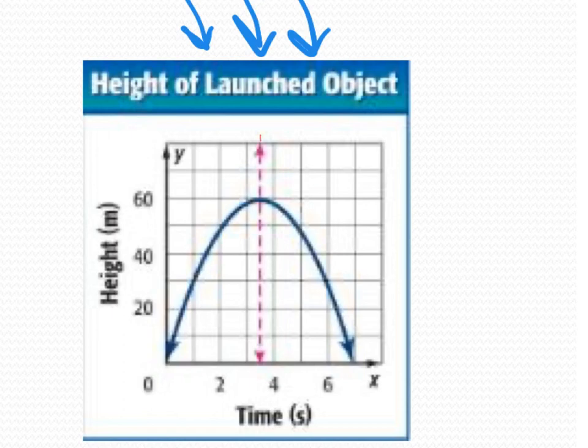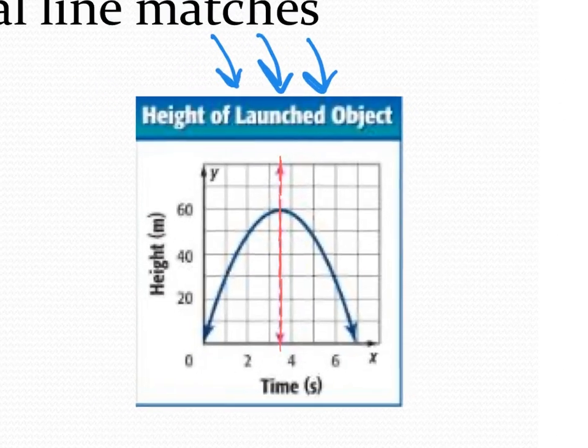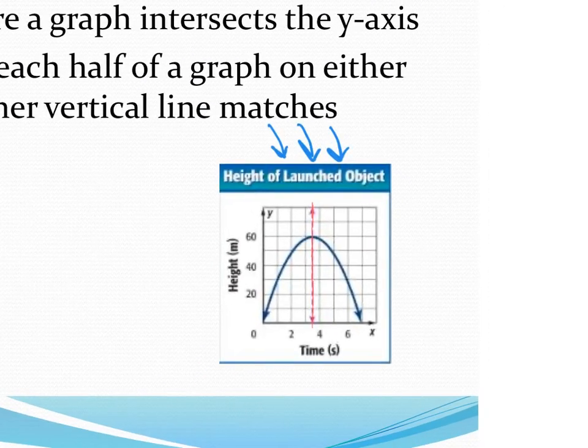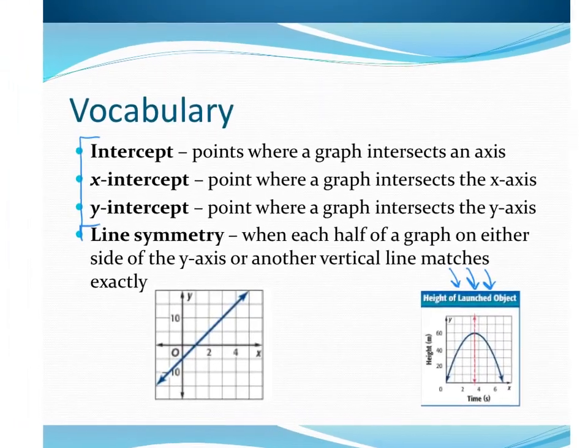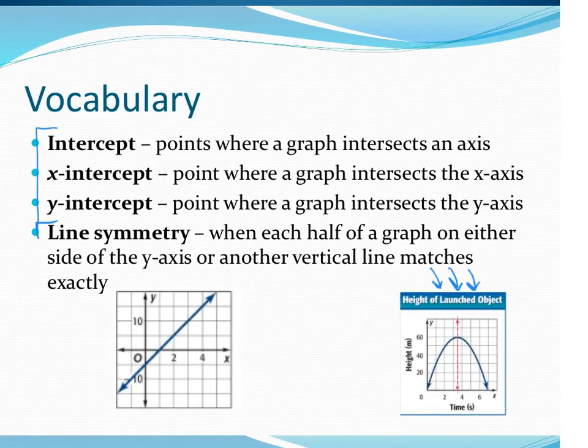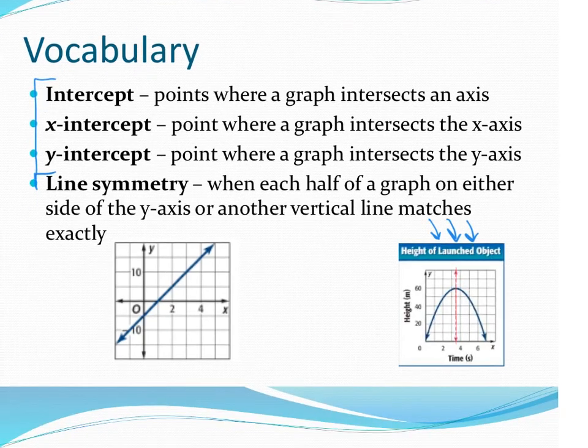And if you were to fold this graph in half, you would have a perfect crease right there in the exact middle of the graph. We'll get into lines of symmetry a bit later when we graph parabolas and quadratic equations. But for right now, just get familiar with the word. All right. If you need more time to write these, pause the video here, but we're going to move on for right now.